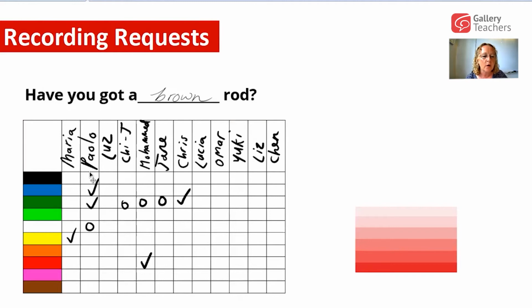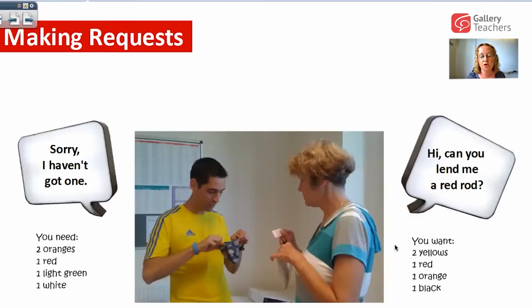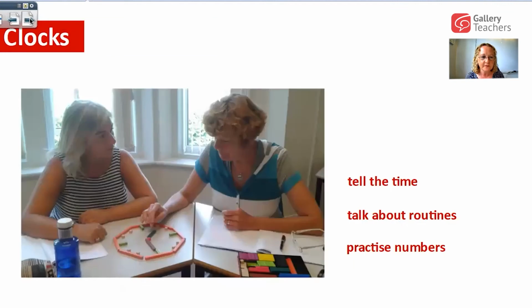When I ask Paolo, "Have you got a blue rod?" he says, "Yes, I have, here you are." And I could take it. So we could be exchanging our rods. And obviously the idea, just going back to this screen, is that the student will win when they get everything that is on their little rod shopping list, which is not as easy as it seems if you have to also give away the things that you're asking for.